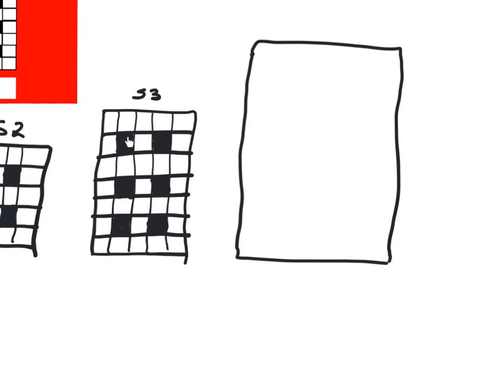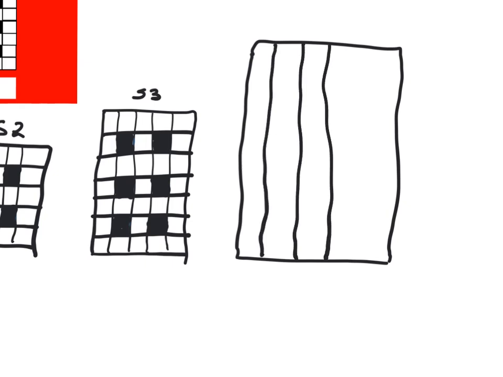Since there are 5 columns, I'm going to draw 4 lines to create those 5 columns. So here we go. Here's 1, here's 2, here's 3, and 4.